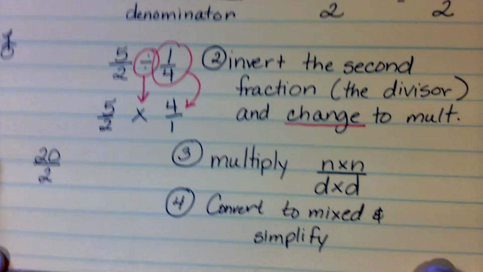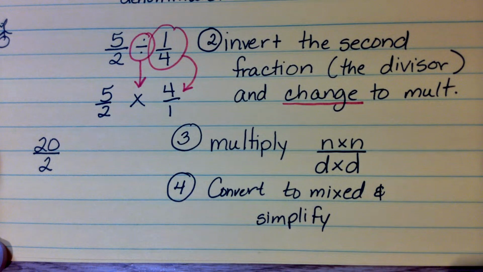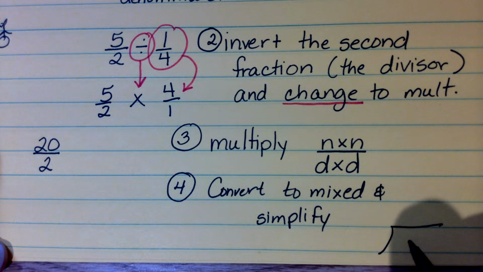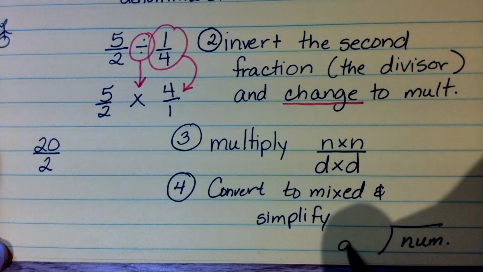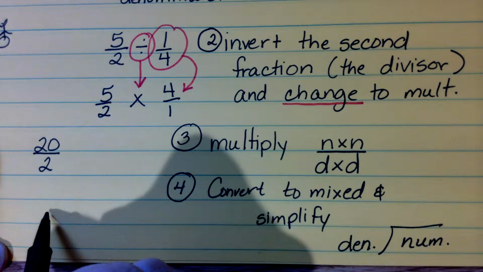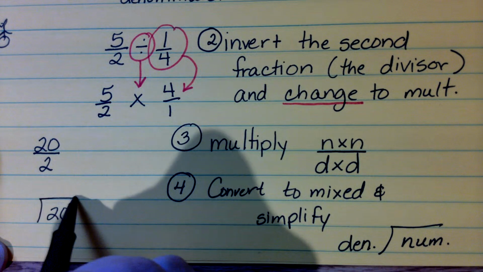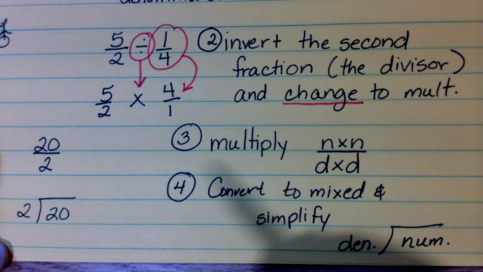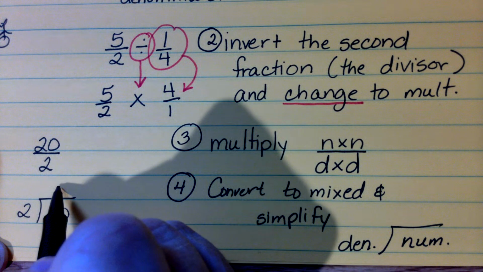20 halves, we're going to divide 20 by 2. Remember that when we convert, we divide the numerator by the denominator. So we're going to divide 20 by 2. You should know that 2 times 10 is 20.